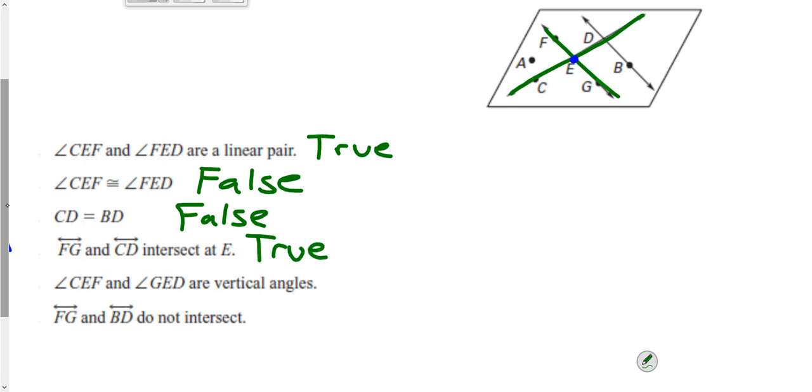Angle CEF and angle GED are vertical angles. We have angle CEF and angle GED. Are those vertical angles? Yes, they are, so it is true.